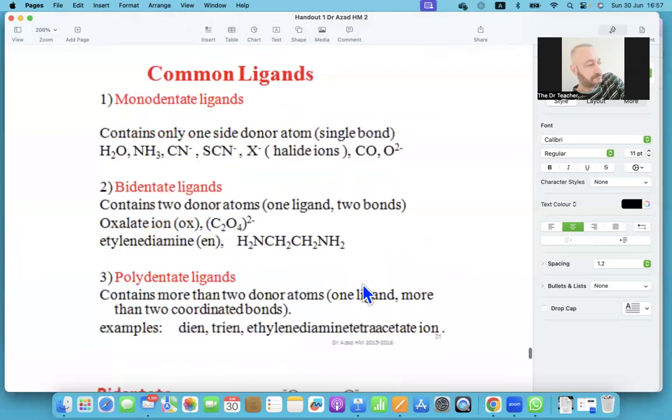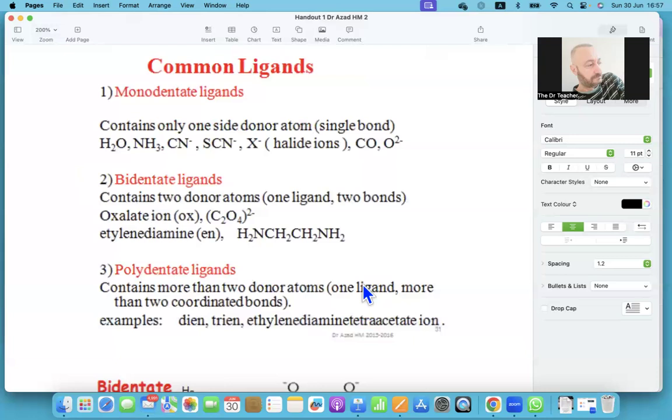Okay, common ligands: monodentate ligands, bidentate, polydentate. How many types of ligands do we have? The monodentate; dent means a tooth or a dental, or something like a dent. So that's where dentate came from, like a bond.